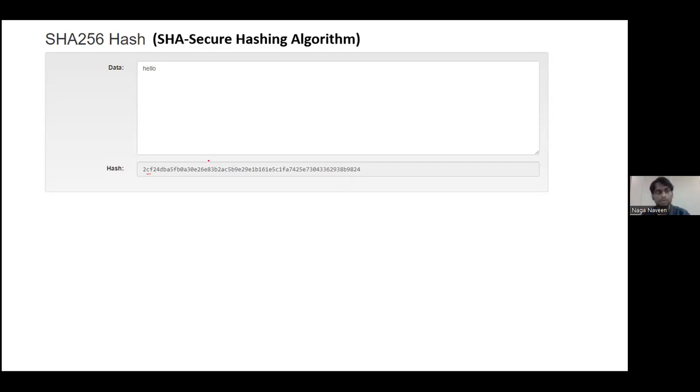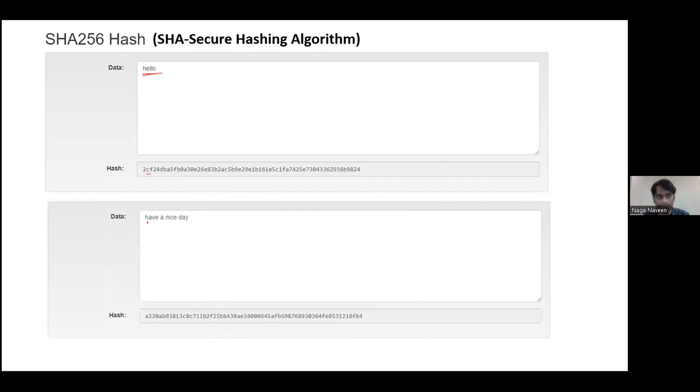Now, what if I change this hello into something else, like have a nice day? What if I change the data present inside the block from hello to have a nice day? Will the hash remain the same? No, because as I told, hash is unique for a set of data. Because the data has been changed, the hash has also changed.